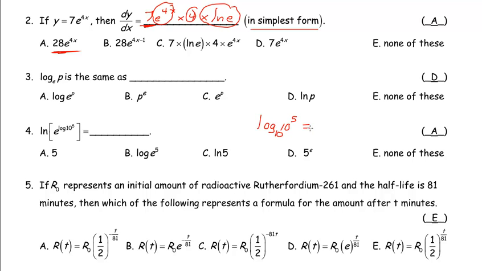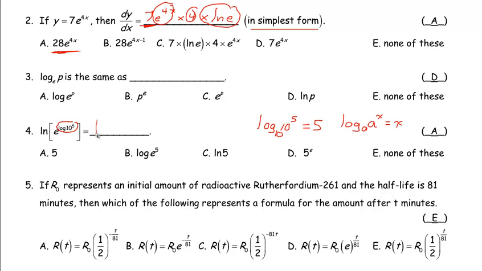And if the base of the logarithm and the base of this power are the same, then that just equals the exponent there in that power. The law is normally written like this: if you have the log base a of a to the x, that equals x. So this whole exponent here is actually just equal to 5.